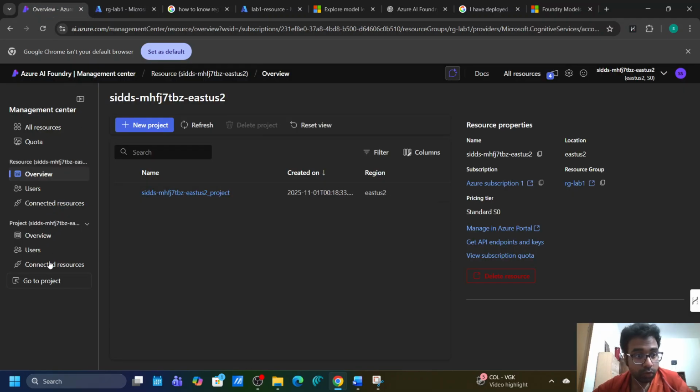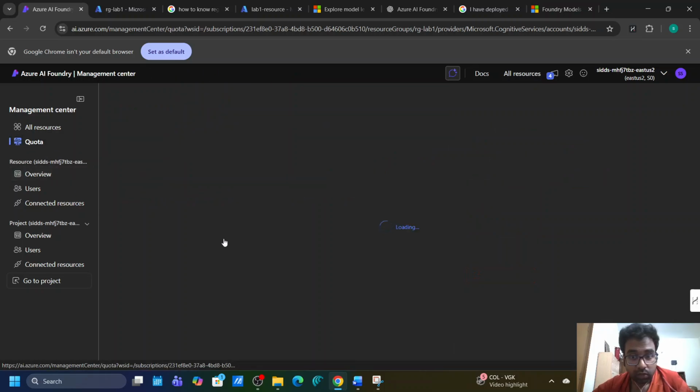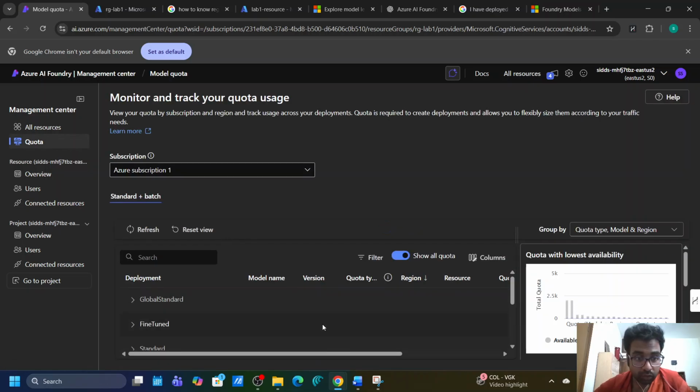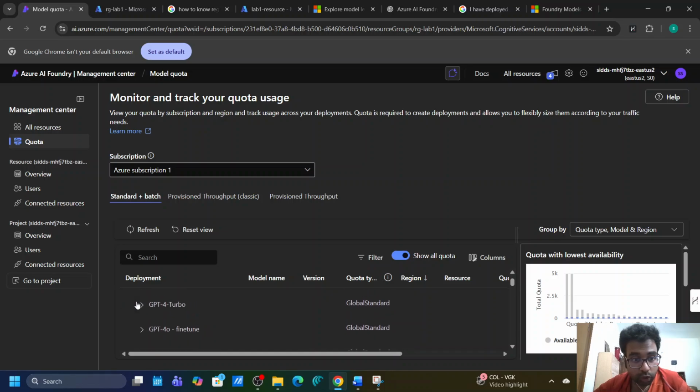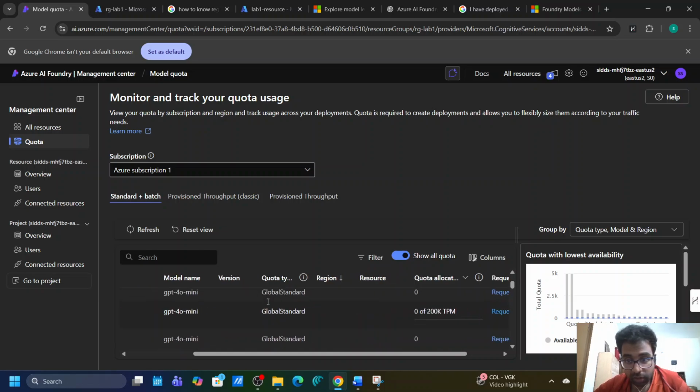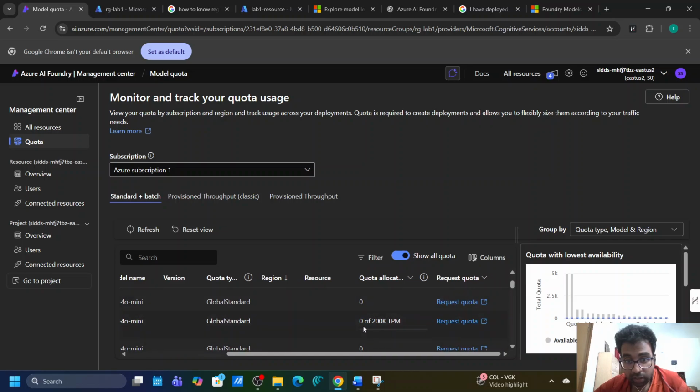We are in the project, and if we go to the quotas, we will see there is a global standard deployment. In global standard deployment for our GPT-4 Mini, if we look at Sweden Central, there is 0 out of 2000 tokens per minute.